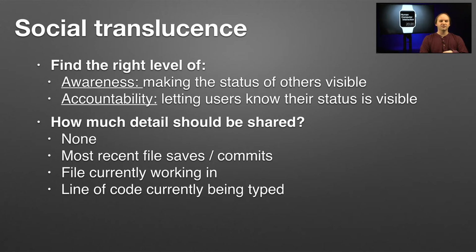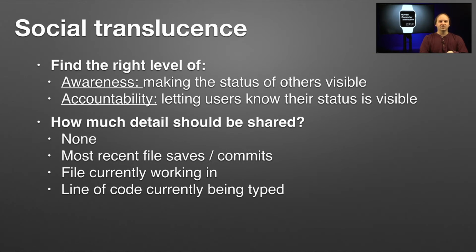The other is accountability, and that's how you let the person who you're telling others about know what's being shared. Imagine we're working on a document together: how much detail is appropriate or useful to share with other users?